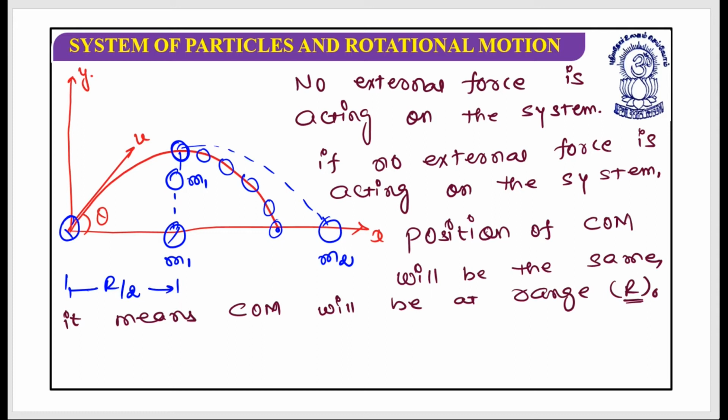Now it is the same case. Even though it has exploded, the explosion doesn't require any external force, only internal forces are acting. That means the position of the center of mass is not going to change, so the center of mass will be at location R, at the range.